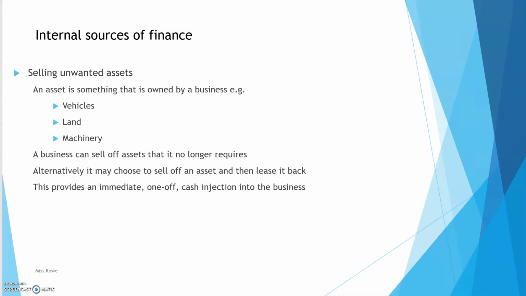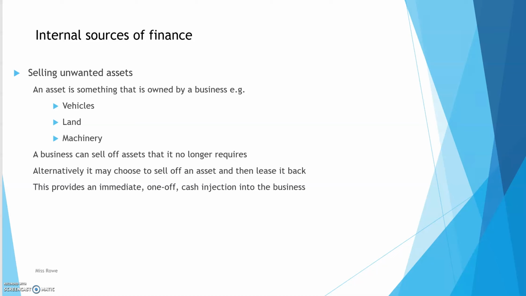So a business can sell off assets that it no longer requires. Alternatively, it may choose to sell off an asset and then lease it back. For machinery, you might want to sell your combine harvester but then lease one instead, so you actually gain money from that.